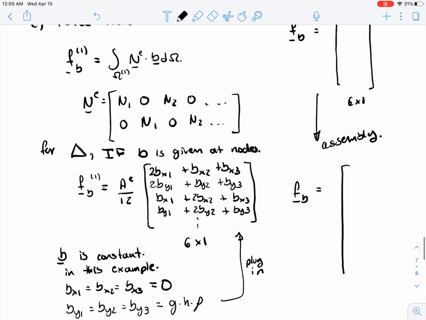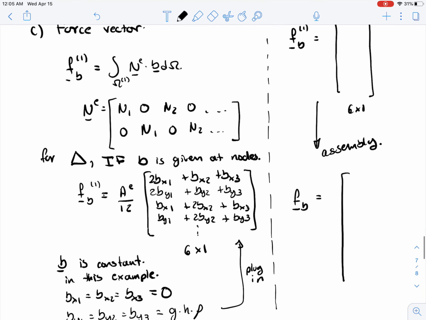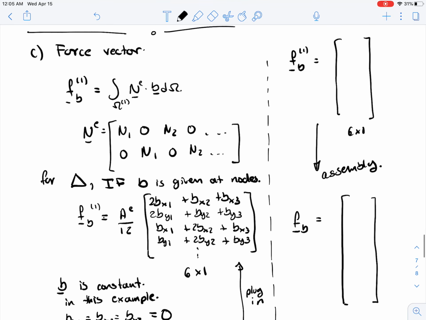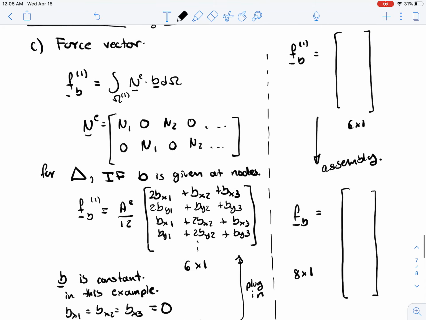And again, for the assembly, what you would like to do is you want now this big force vector. Let me make a separation here. So the element force vector is a 6 by 1 vector, and the global force vector is an 8 by 1 because it has to be 2 times the number of nodes. And in order to do the assembly, you would do the same here.